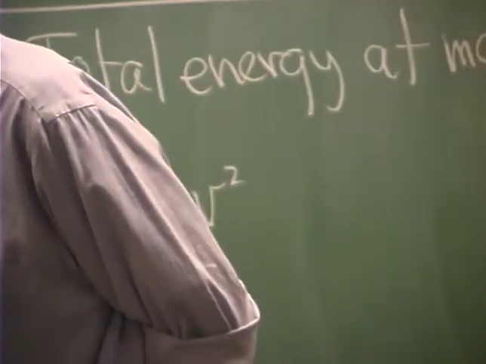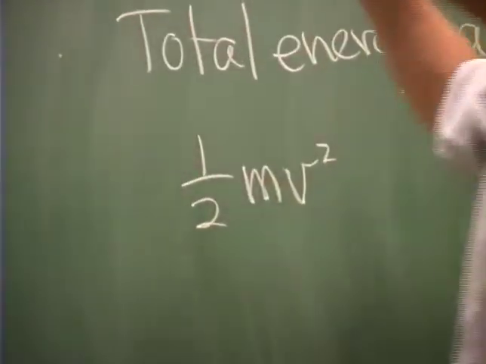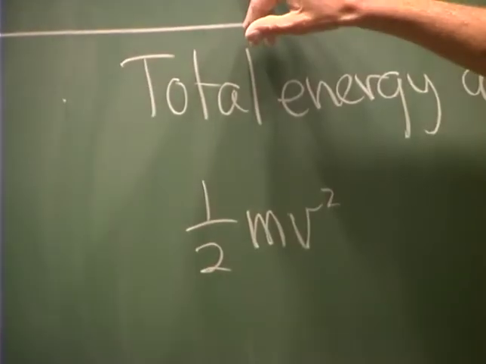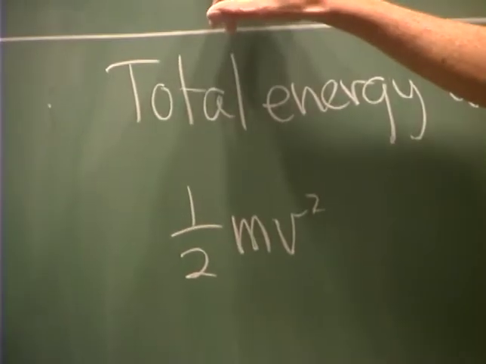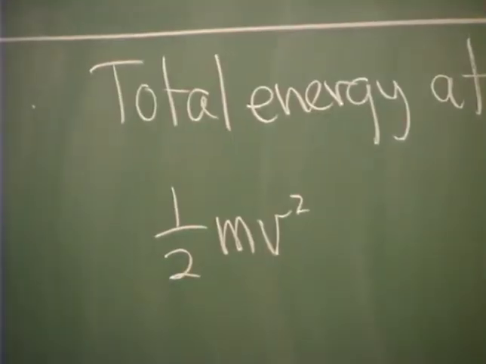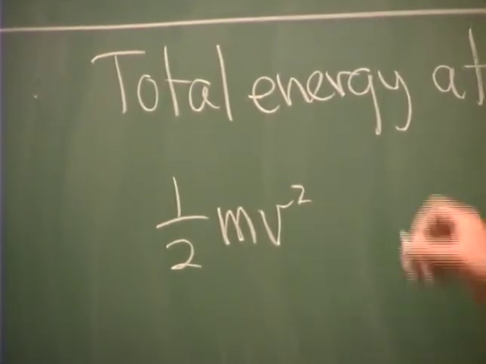Well, it's got kinetic energy, 1/2 mv squared, and it's got potential energy too. In the earlier game, it didn't have potential energy because I was starting potential energy from 0, using a reference point of ground level.